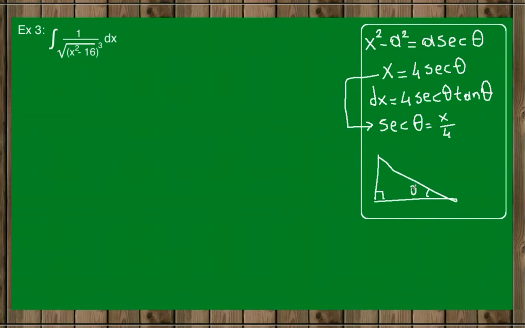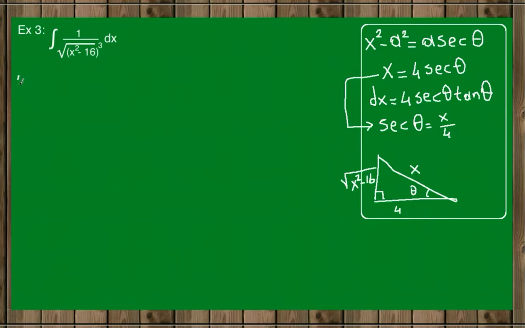Let's call this angle theta. From the Pythagorean identity, we can find the missing side. The missing side will be the square root of x squared minus 16. Okay, so in the question, we are going to substitute x with 4 secant theta.